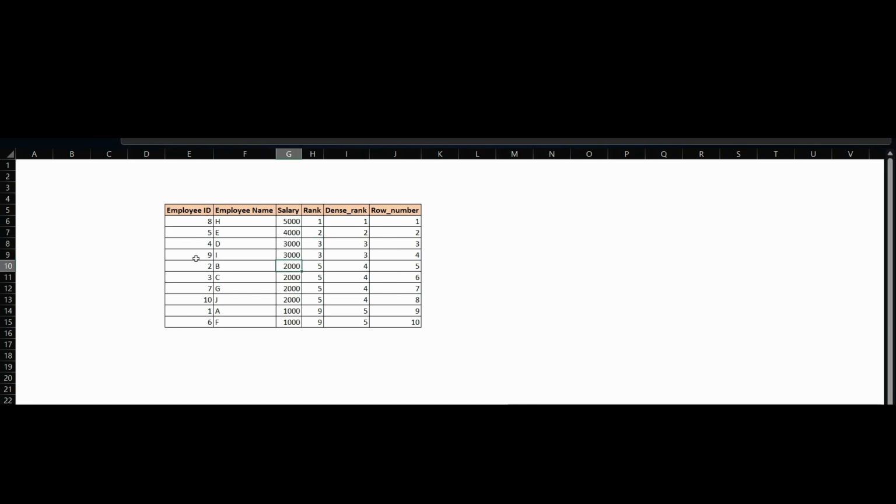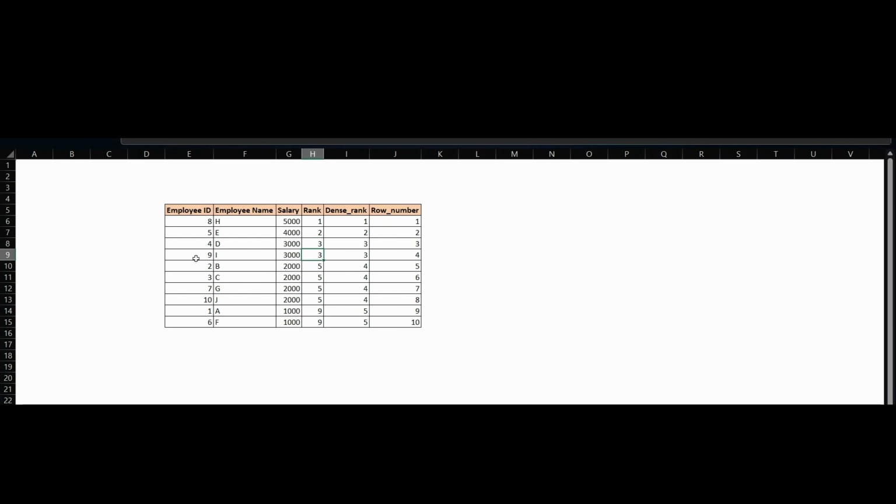And the immediate next one, who is receiving the next highest possible salary, that is 2,000. There are 4 contenders to it. So all of them will get a rank of 5. Now, why 5? If you look at it, we have skipped the rank 4 altogether. Why is that? Because the person who was supposed to be 4, since their salary is tying up with the third highest salary, both of them will get the rank of 3 and rank number 4 will be automatically skipped.